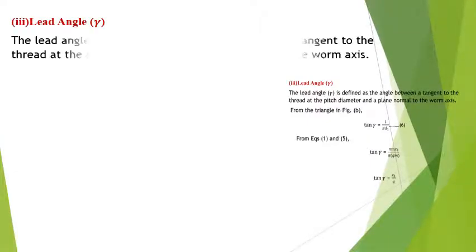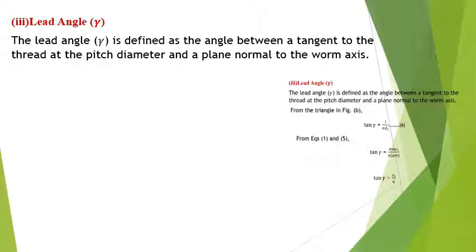Lead angle is defined as the angle between a tangent to the thread at the pitch diameter and a plane normal to the worm axis. It is indicated by this particular symbol. So here the lead angle is shown.